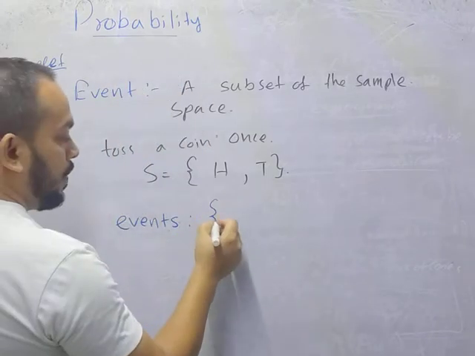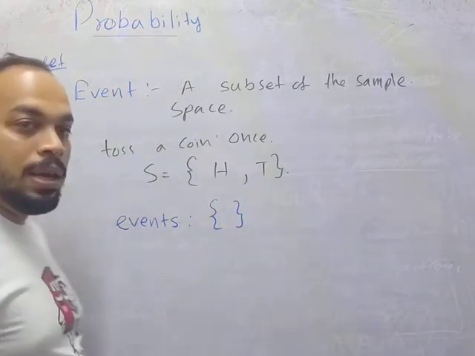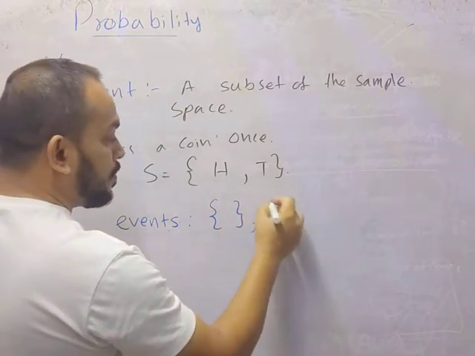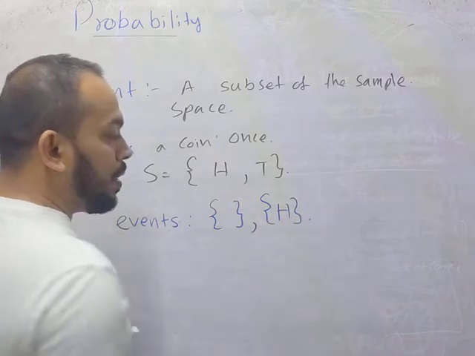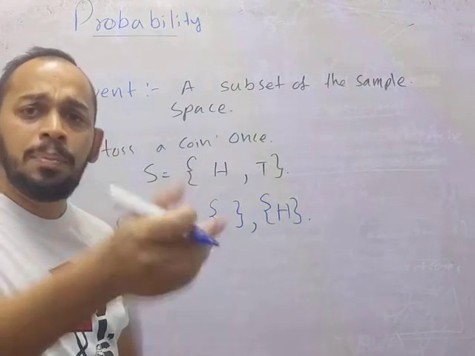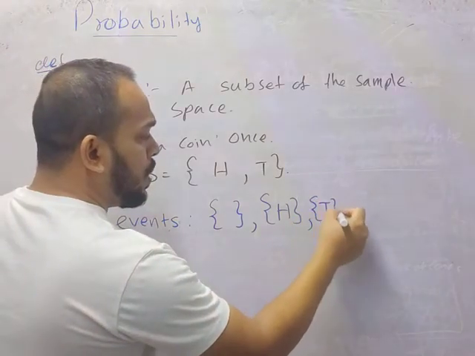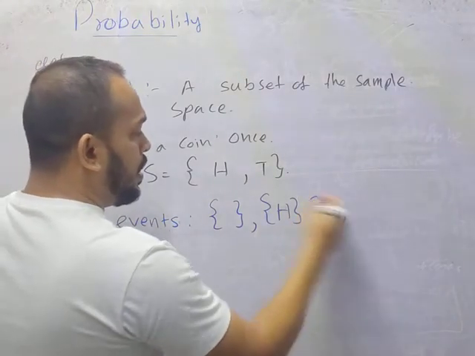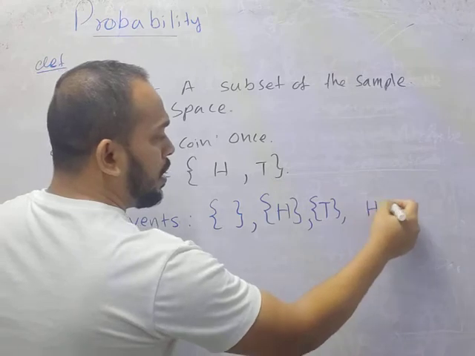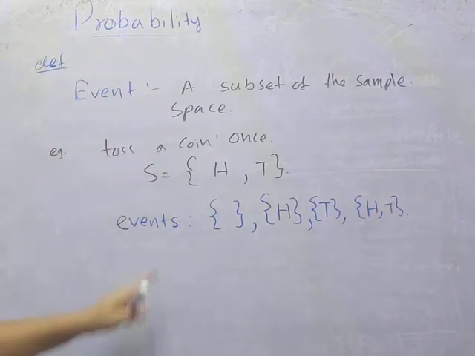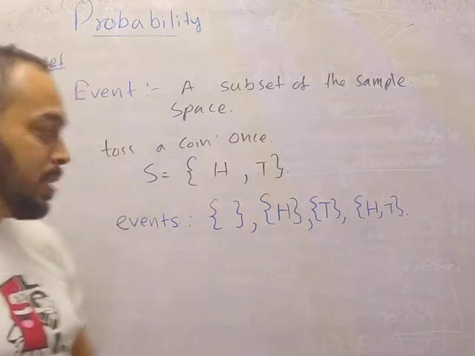You can get the null event. This is one event or one subset, or you can just get heads. Right? So you can ask, what is the probability of head appearing if you toss a coin once? Tails is also an event, right? Then this whole thing, S, is also a subset. These are all the subsets. So these can be events for this.